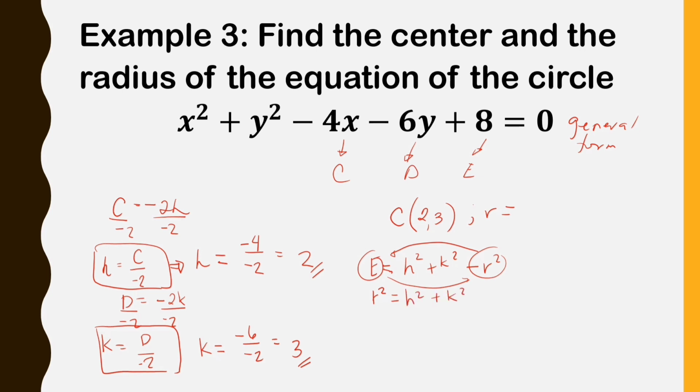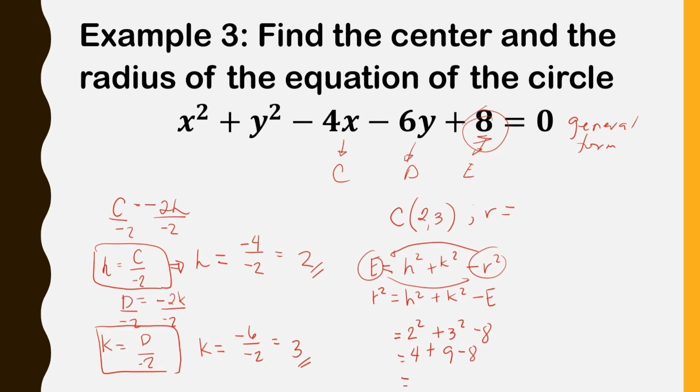Next, we will substitute the values of h, k, and e. The value for h is 2, the value for k is 3, and our e is 8. So 2 times 2 is 4, plus 3 times 3 is 9, minus 8. This will give us +5.